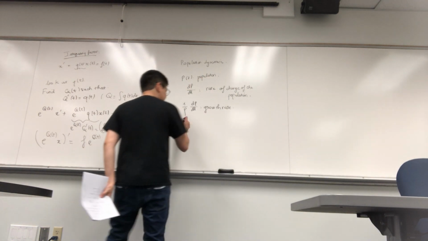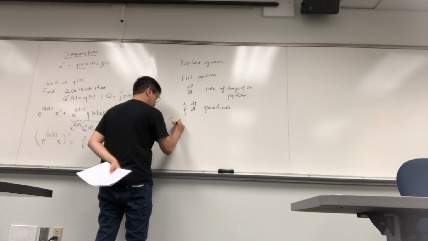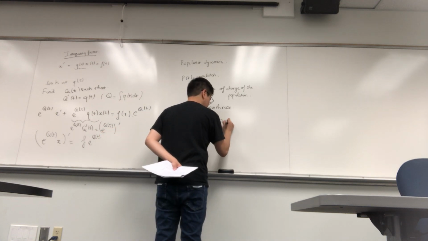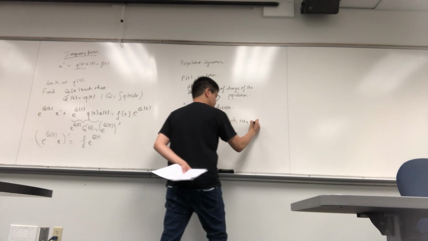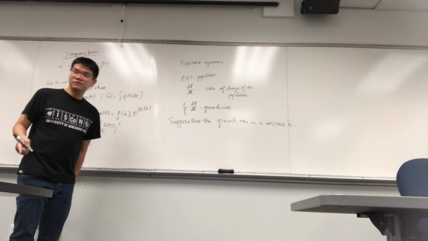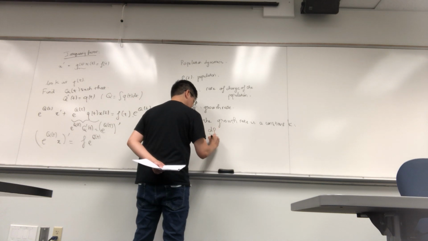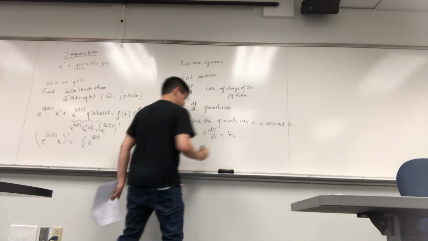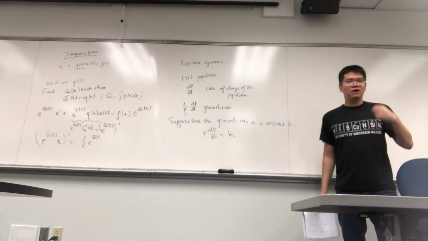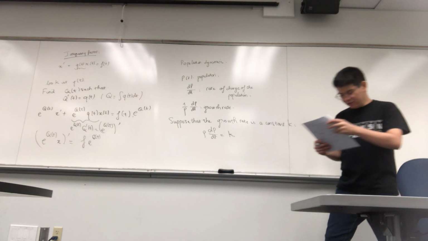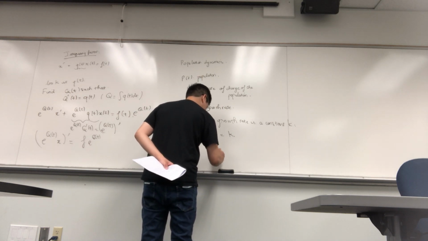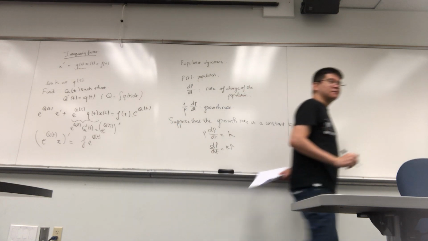Last time we finished at the point where we supposed that the growth rate is a constant k. So the derivative of P divided by P is k, and we have to solve the equation dP over dt is equal to kP.